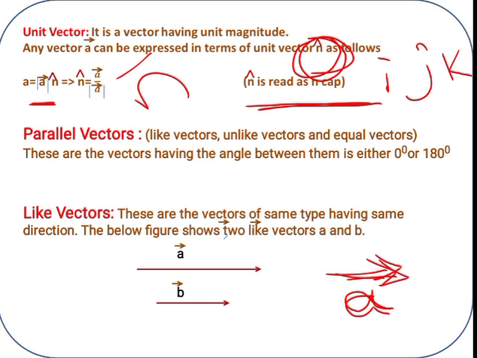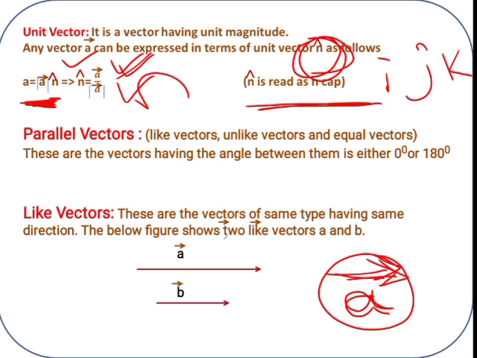So for that reason we draw the vector symbol in this manner. Magnitude of vector A into n cap implies, n cap is nothing but the unit vector. So n cap is equal to vector A divided by magnitude of vector A. So the same expression is written in this way.